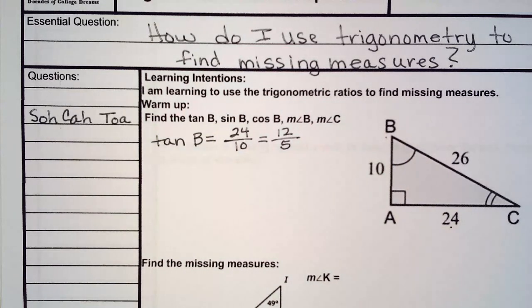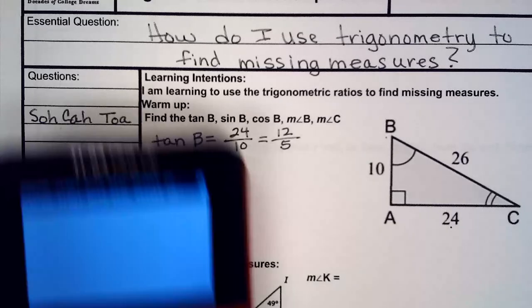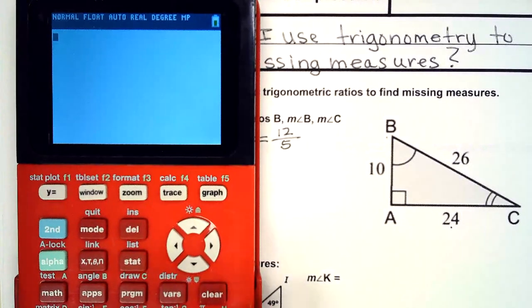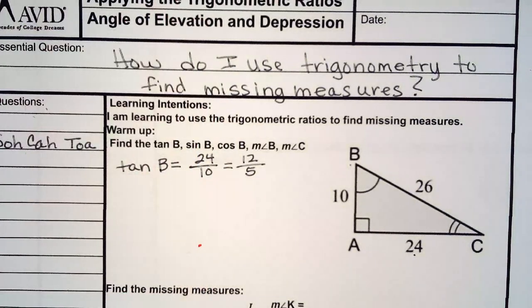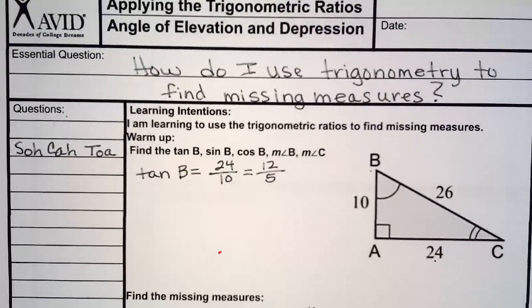I can always use my calculator if I have trouble simplifying. 24 divided by 10, hit your math button, enter, enter. 12 over 5. And you can always check your answer by also doing it that way.